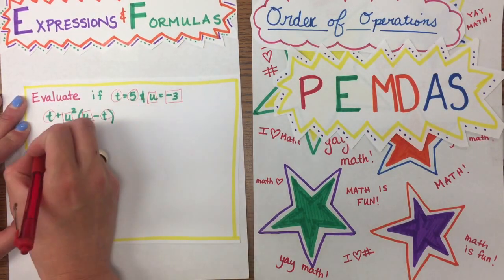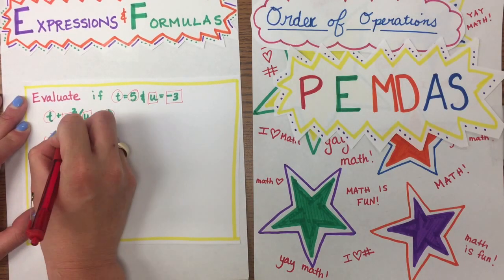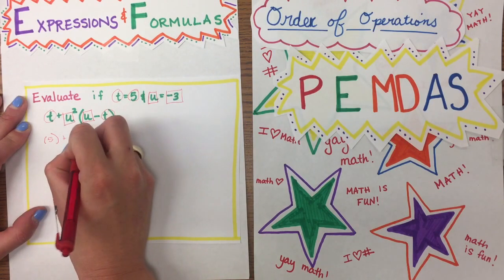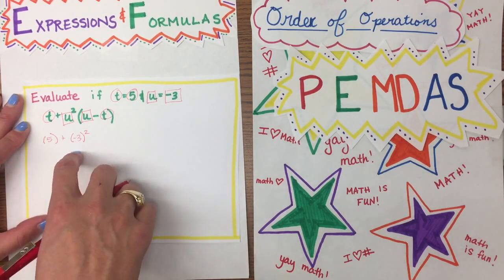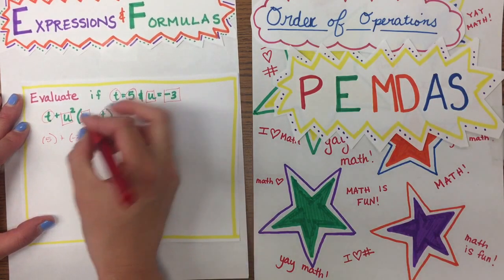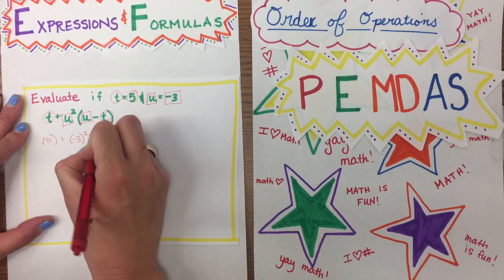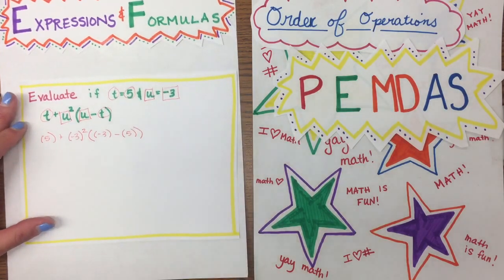So I'm replacing t with 5. So I now have the quantity 5 plus I'm replacing u. U is (-3) squared, and I'm putting that inside parentheses so that I can keep track of that tricky squaring of a negative number, times (-3 minus 5).